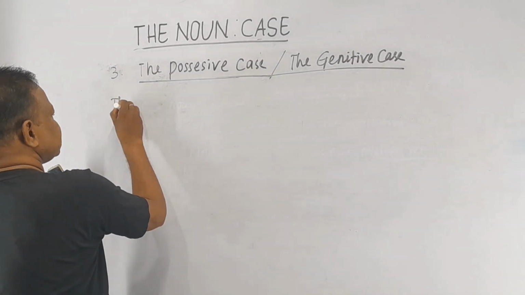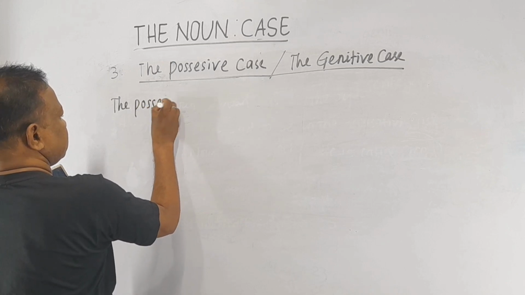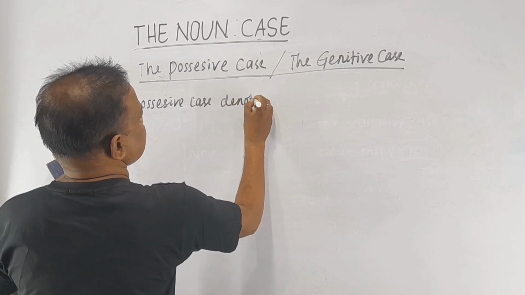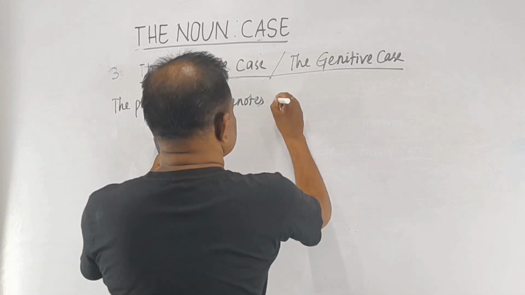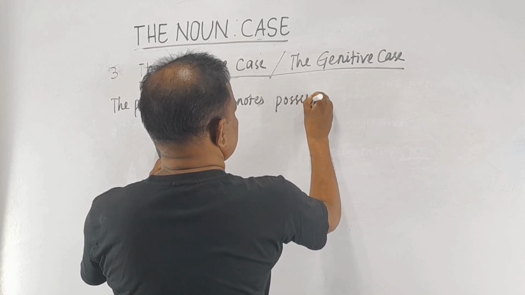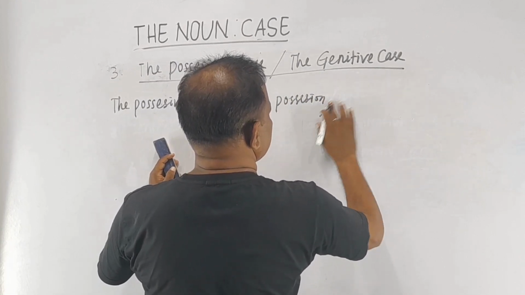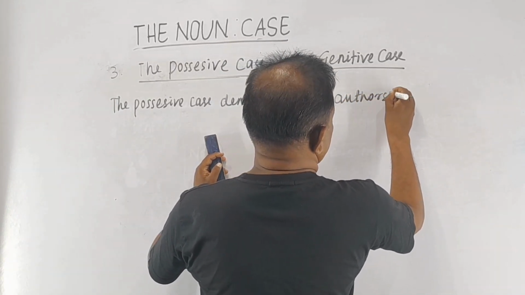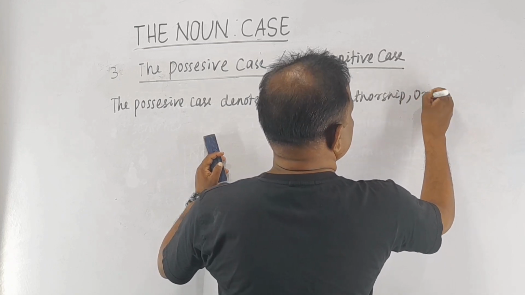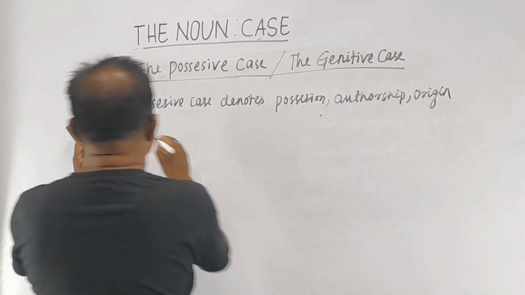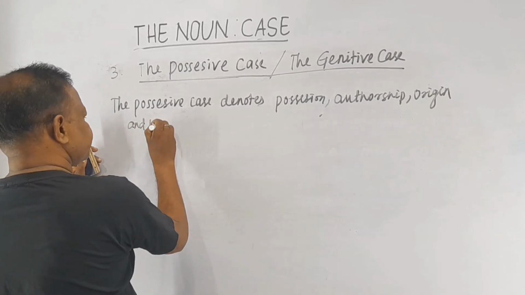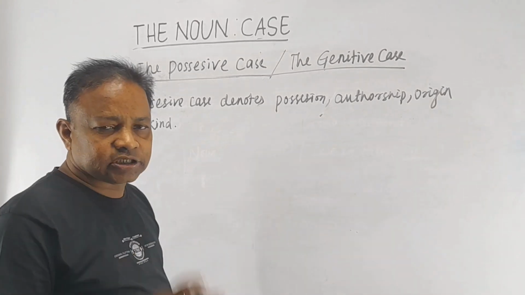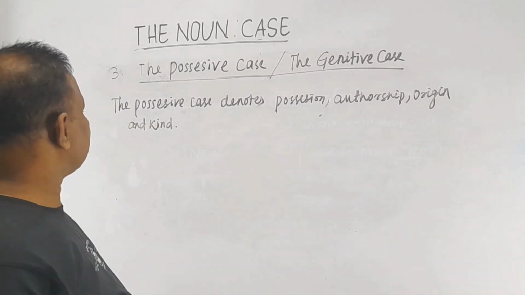The possessive case denotes possession, authorship, origin, and kind.